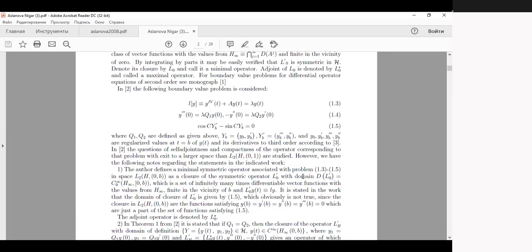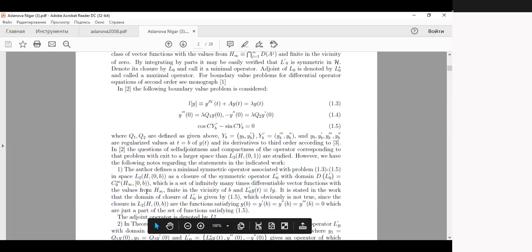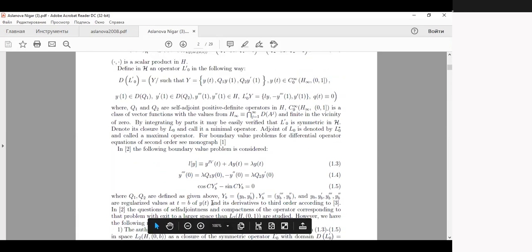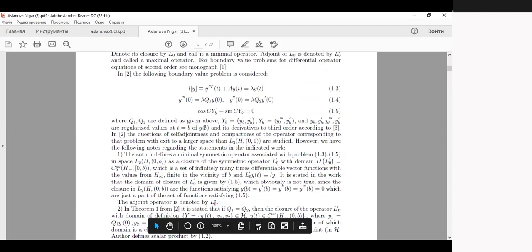What I mean, firstly: after he defines his operator over smooth functions at the beginning, the minimal operator defined over smooth and finite functions, he states that in that new space, the closure of those functions results in those boundary conditions, which is impossible.